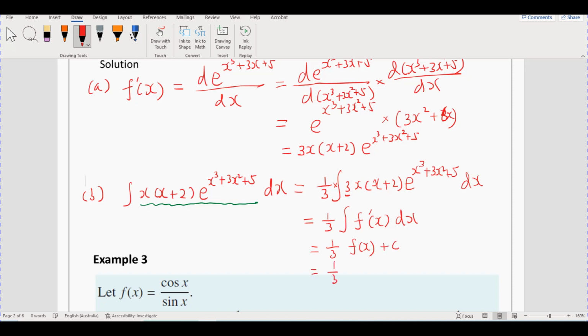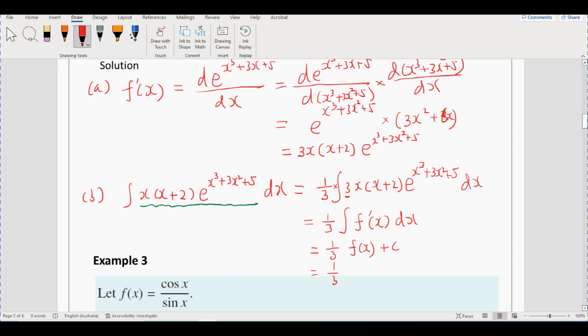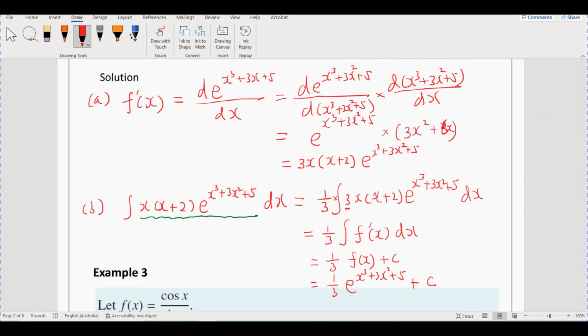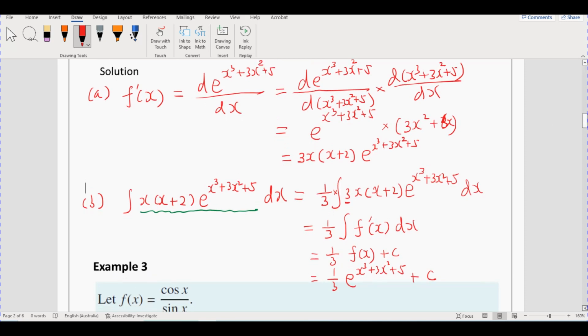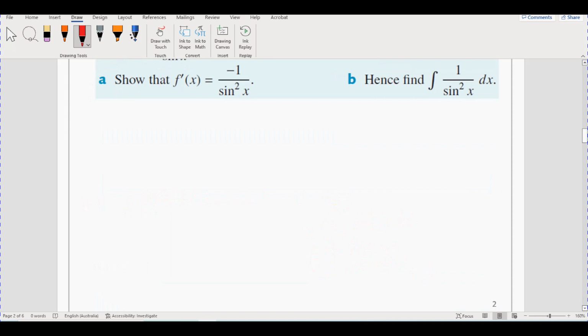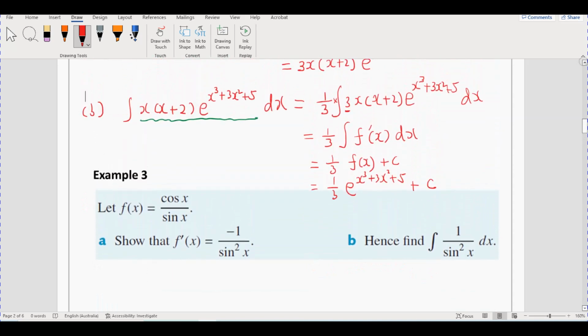In that case, your antiderivative should be the fx, which is e to the power x cubed plus 3x squared plus 5, and plus c. Oh, I need to write a square right here. I hope you can see that. That's how it works.